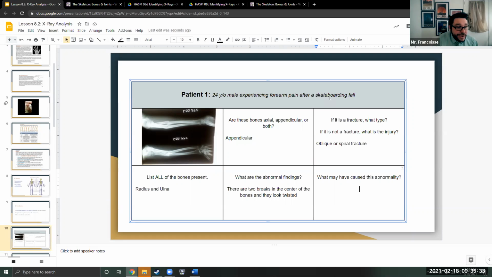He tried to catch himself, yeah. So he may have twisted his arm when he tried to catch himself, or tried to break his fall.